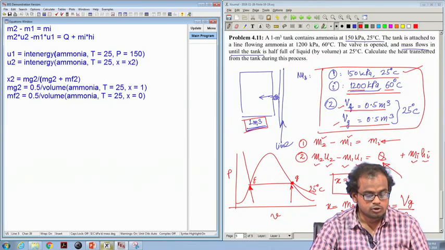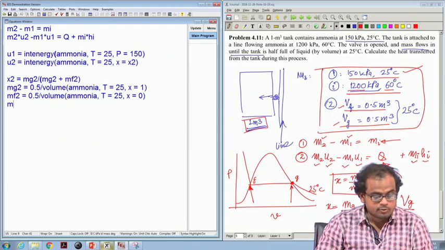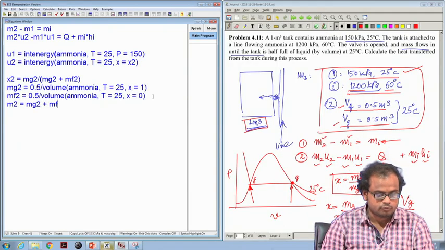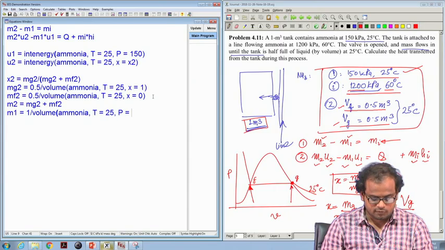Alright. So, we know U1, U2, and we also know the masses of the vapors and liquids. So, M2 is simply mg2 plus mf2. And the mass of the initial condition is simply 1 by the specific volume of ammonia at T equal to 25 and P equal to 150.